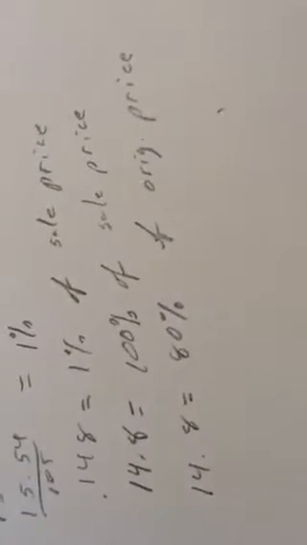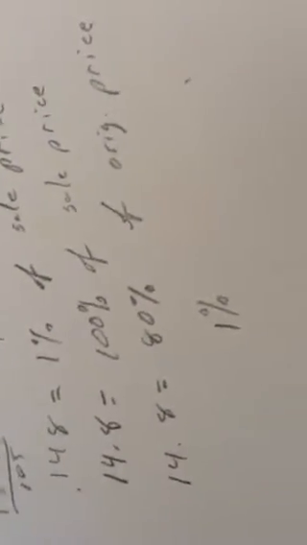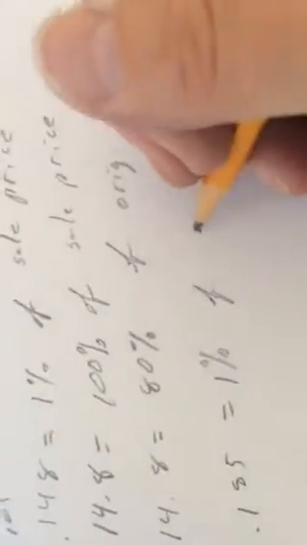Okay, again, let's find the unit rate. So what is 1% of the original price? Divide by 80. So if you take $14.80 divided by 80, you get 0.185. So 0.185 equals 1% of the original price.